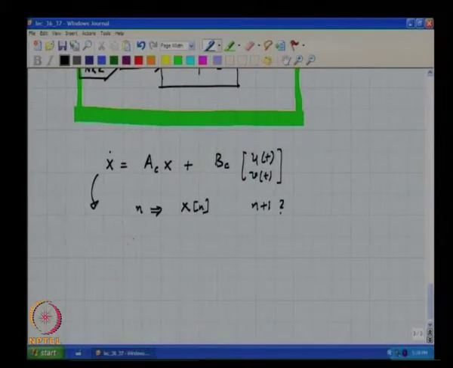Okay. So, it turns out that the impulse response of this set of differential equations is e to the A_C times t. So, if you had an initial condition x of n and no input at all, the states would follow the trajectory e to the A_C times t times x of n. So, at t equal to n plus 1, what will happen?